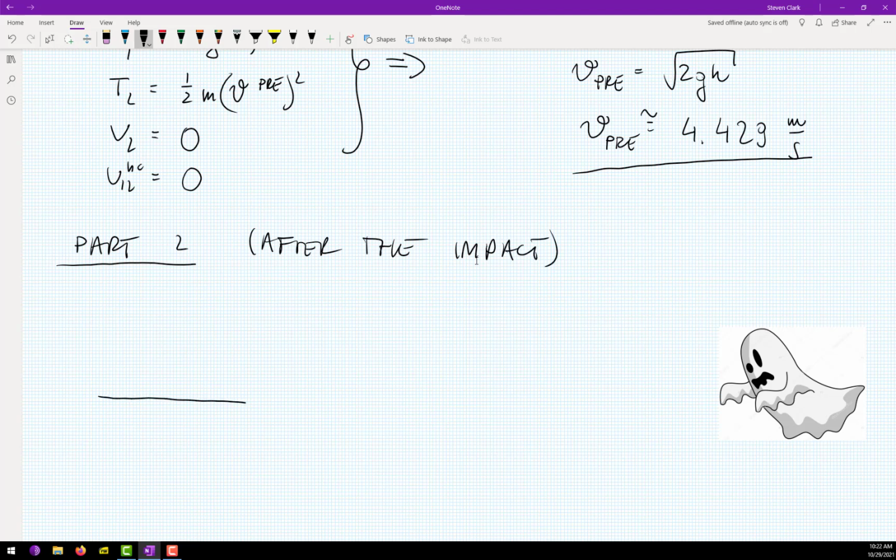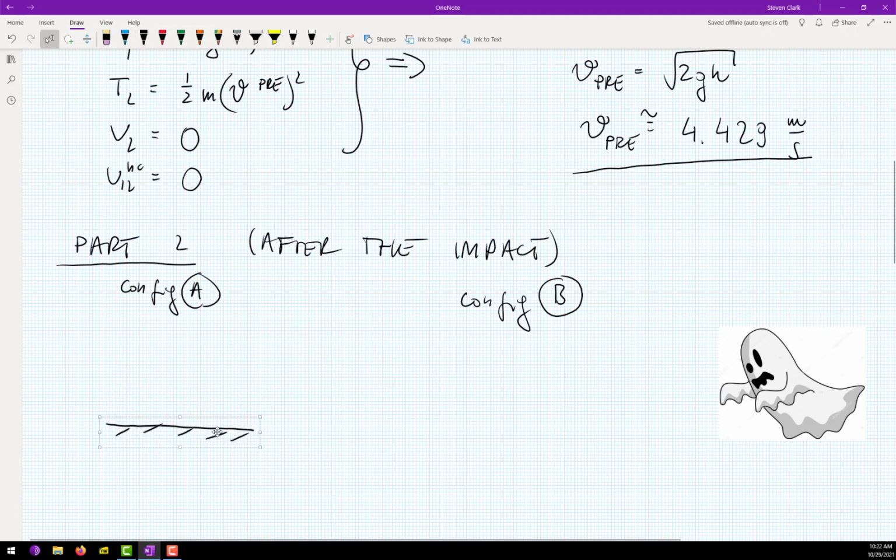We will have configuration A here, and config B. So we have again our ground. What do we have after the impact? Right after the impact, our particle is here, and it has velocity pointing upwards, v post impact.